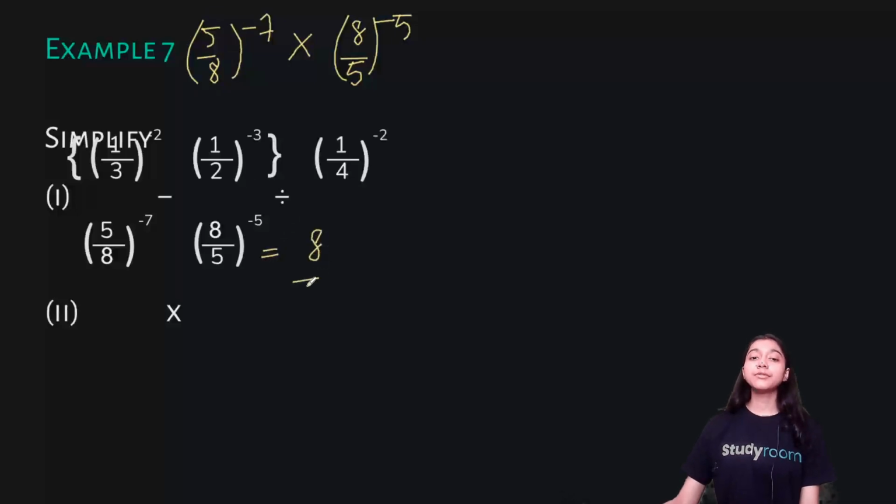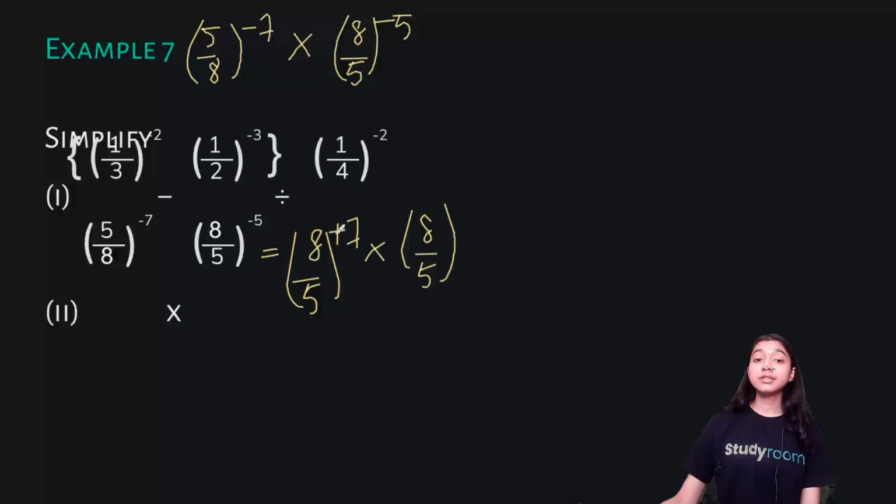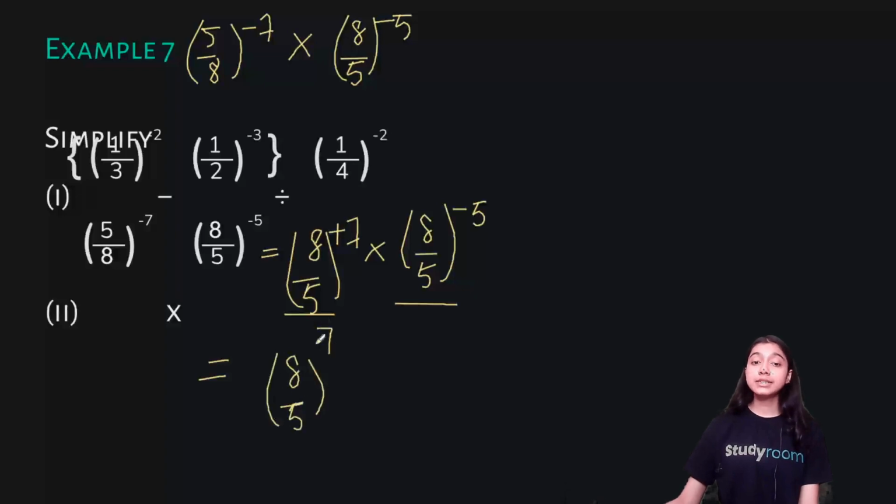So we have 8 by 5 to the power of 7, this minus sign will become positive because we have taken the reciprocal of the base, multiplied with 8 by 5 to the power of minus 5. So now we'll use the first law of exponents, that is, when bases are same, their powers will be added. So we have 8 by 5 to the power of 7 minus 5, which is equal to 2.